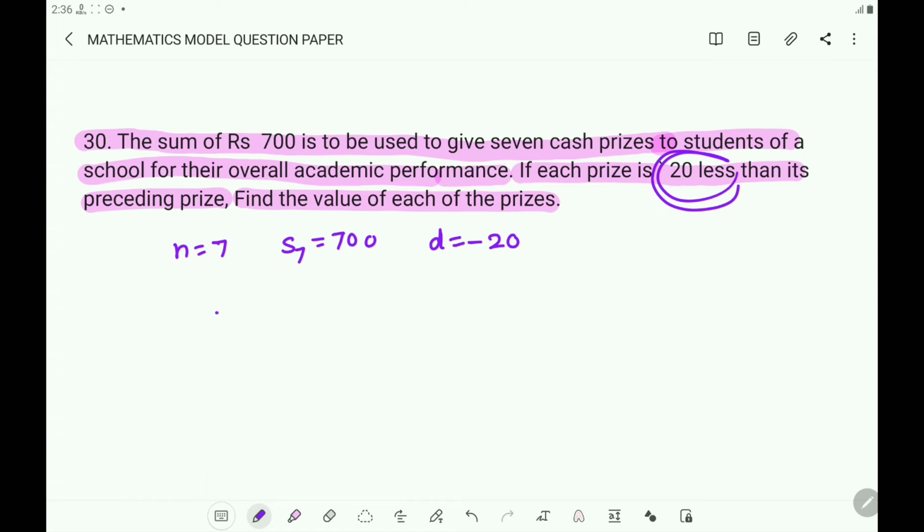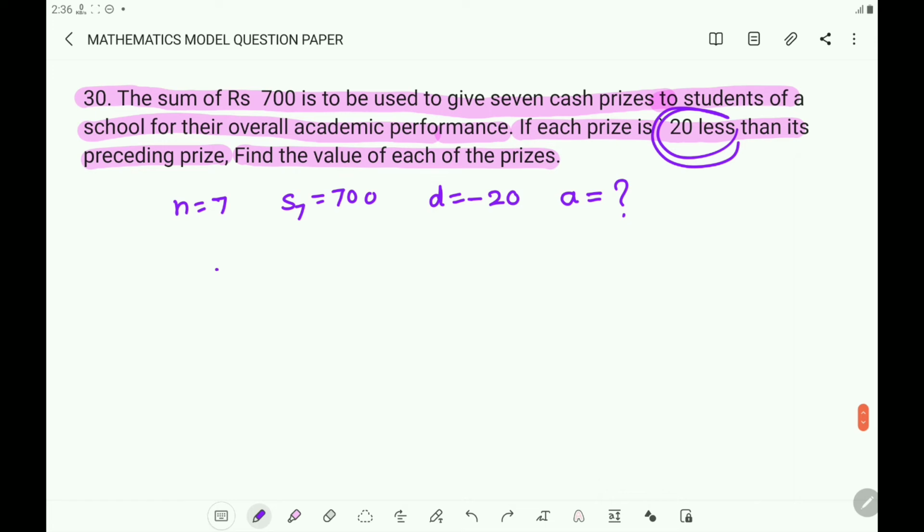What you have to find out is the value of each of the prizes. So let us find out a. a equals question mark, that becomes the first prize. If you find the first prize, then by using this d, it is possible to get the remaining 6 prizes also. Then you use the formula Sn.